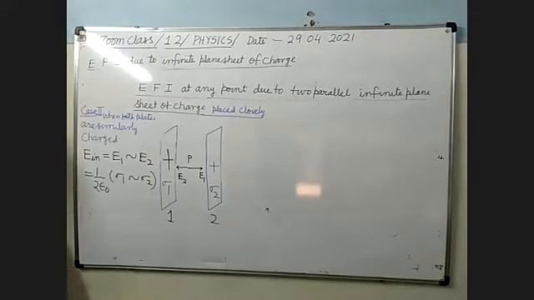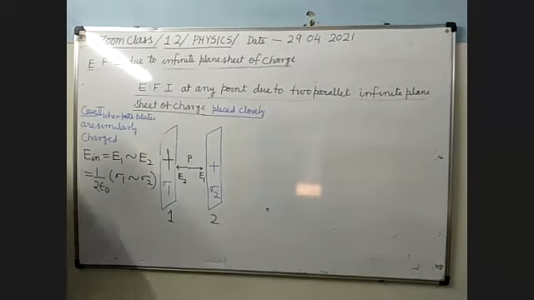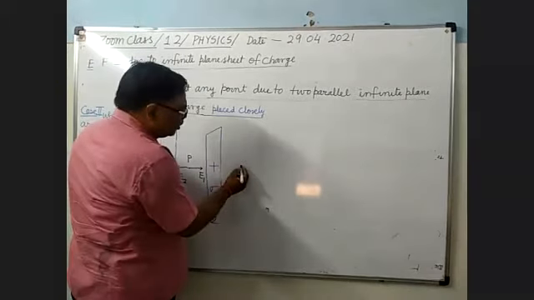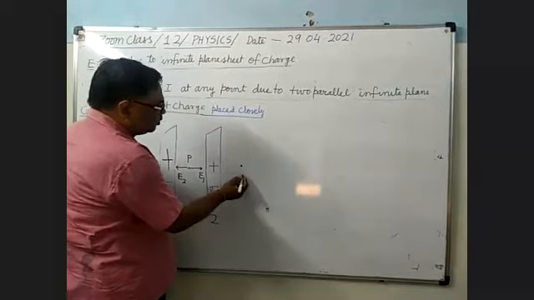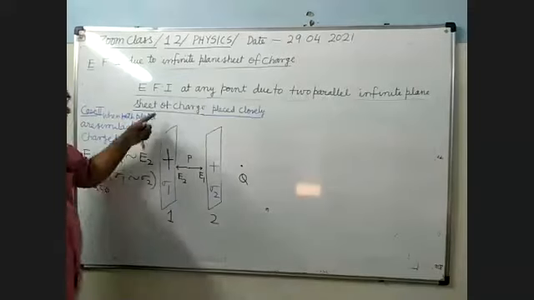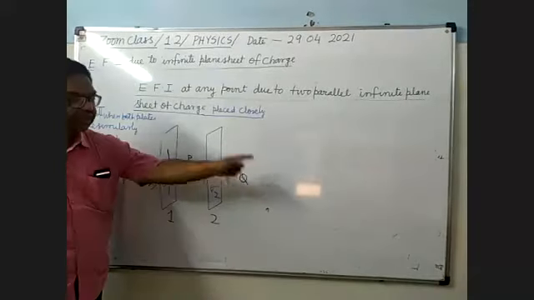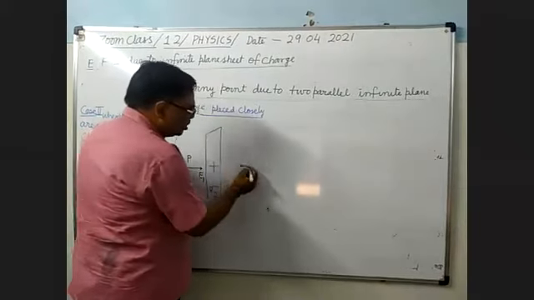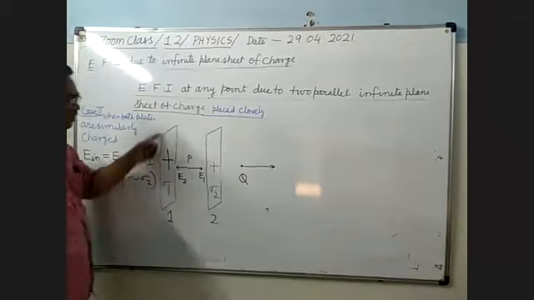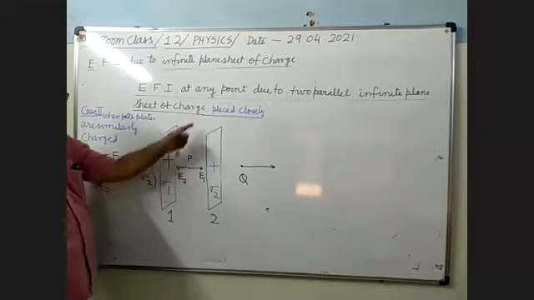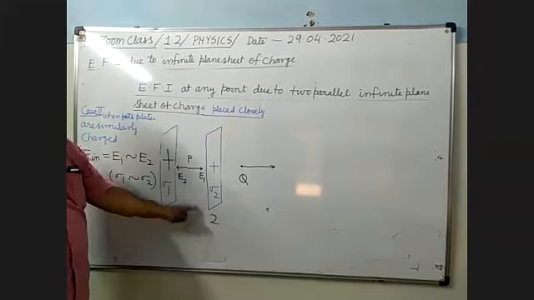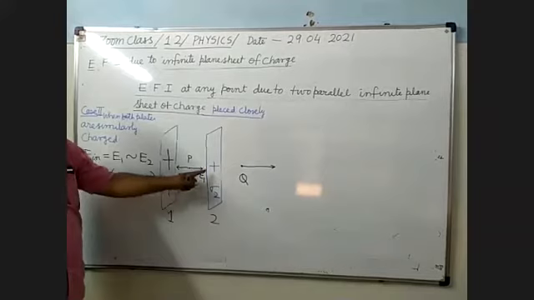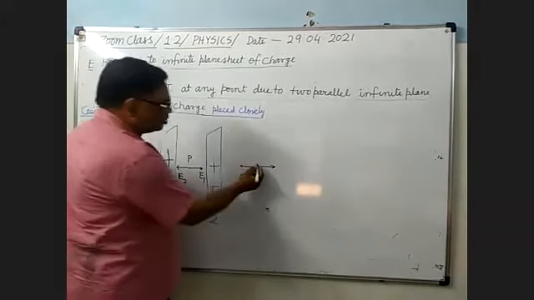This is clear? Yes, sir. Now, if you take this point outside, because of plate 1 the field is away from this plate, because it is positively charged. And because of plate 2, it will also be away from this plate because this is also positively charged.